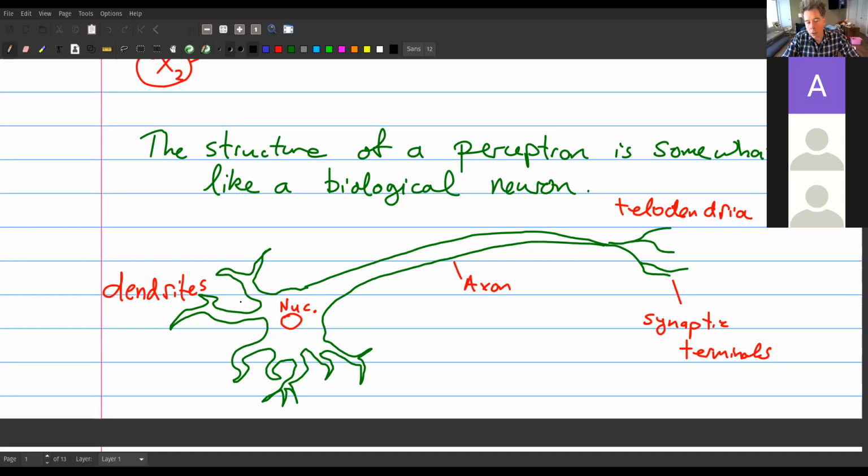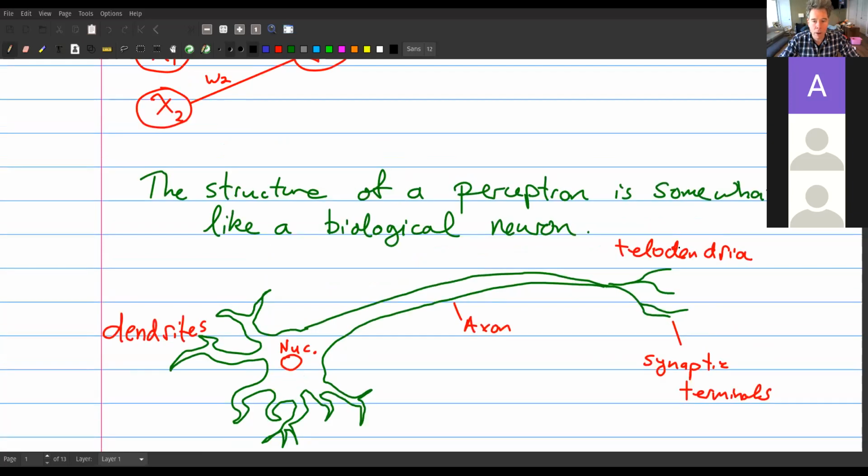These dendrites get stimulated by other neurons sending signals across their synaptic terminals. If this neuron gets enough stimulation, then there is an electrical explosion that travels along the axon and activates these synapses. That stimulates other neurons, which, if they are sufficiently stimulated, will fire in turn.